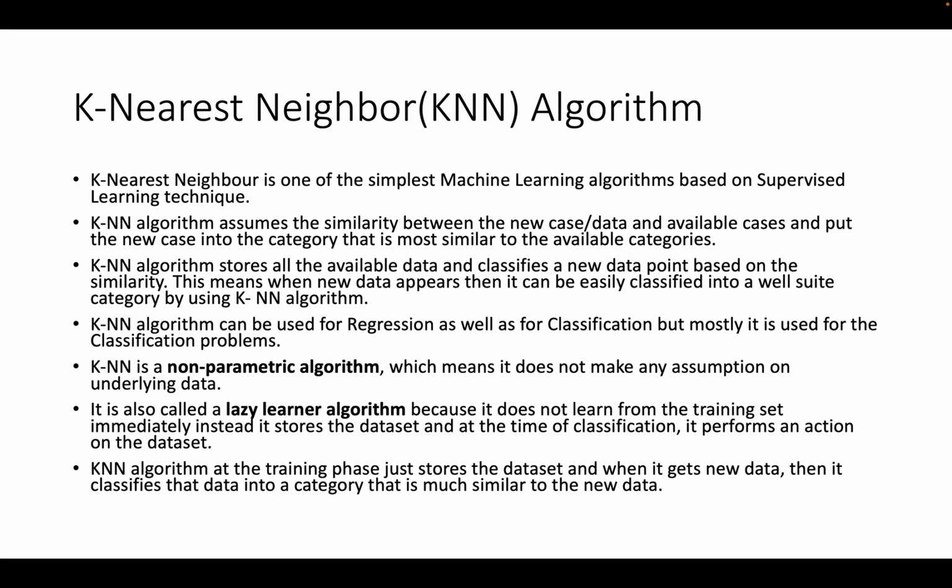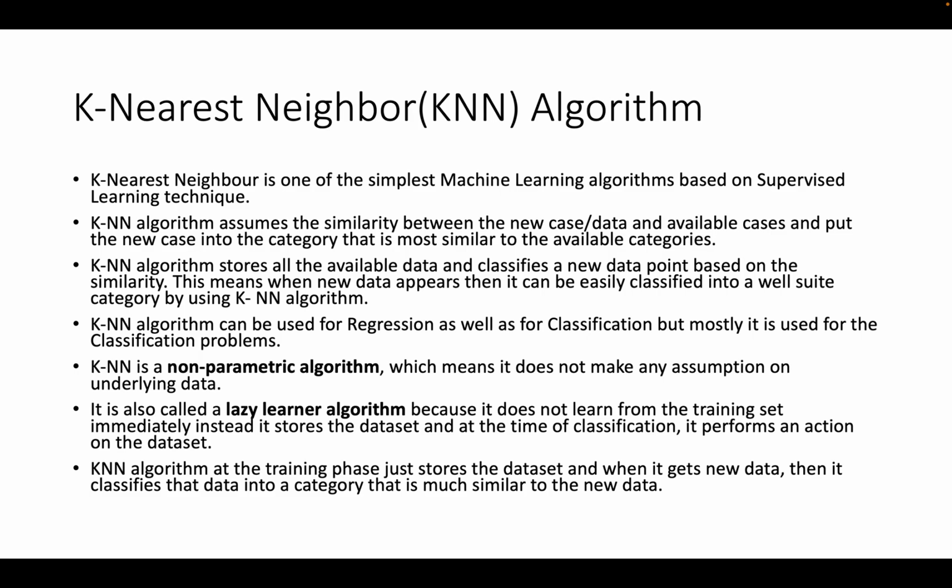This means when the new data appears, then it can be easily classified into a well-suited category by using KNN algorithm. That is the nearest possible association that it can develop with a previously existing data set. That is what it attaches the input to. KNN algorithm can be used for regression as well as for classification, but mostly it is used for classification problems.